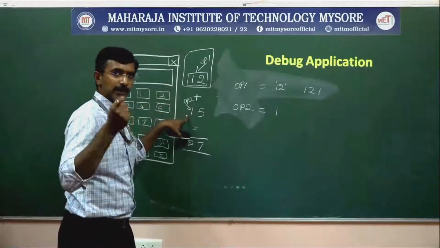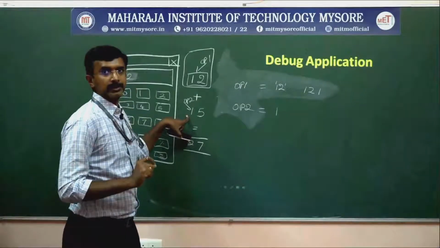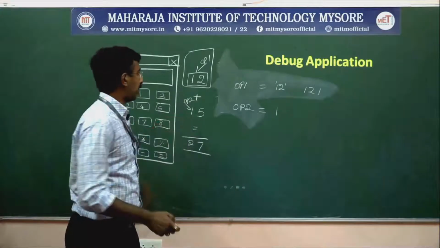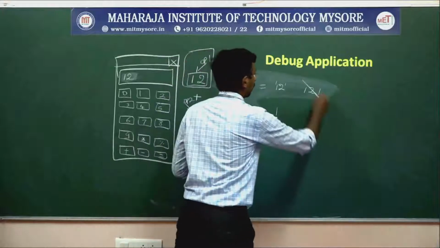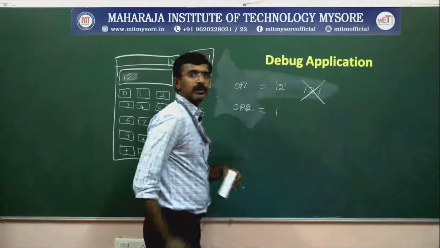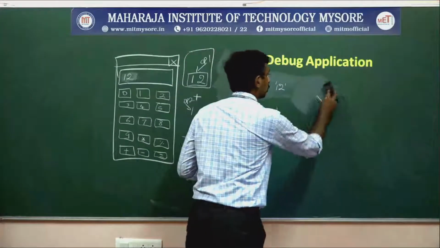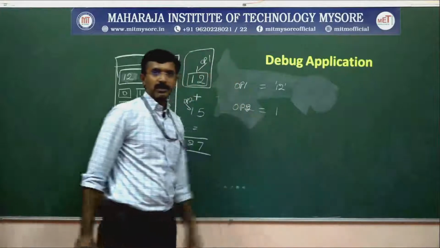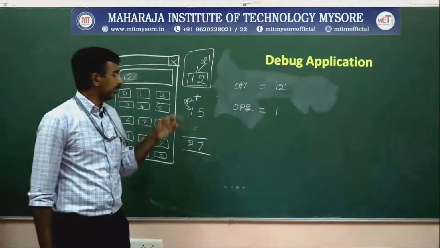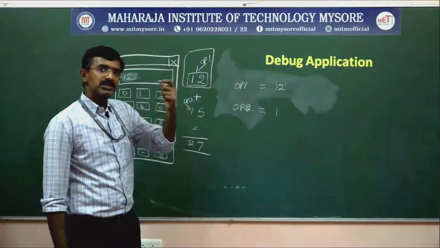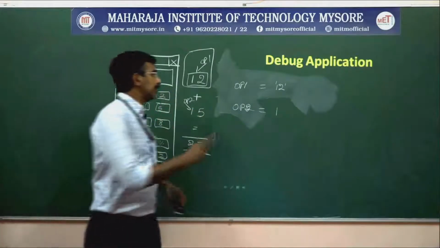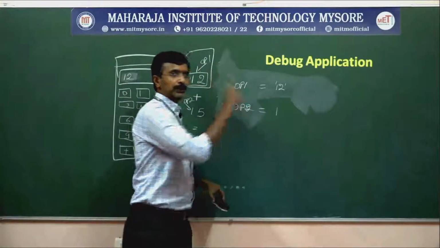Whichever number buttons you click after that are part of your operand 2. So this is wrong. You need to take care of your code in such a way that after clicking your operator, the next digits which are going to come will be stored in your OP2.